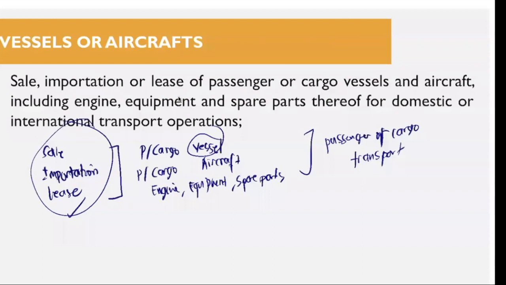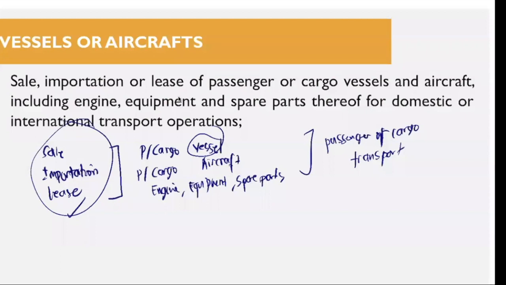So for example, importation of your professional equipment, take note, under our law, only the importation of professional equipment is exempt. So if you sell professional equipment, that is domestic.